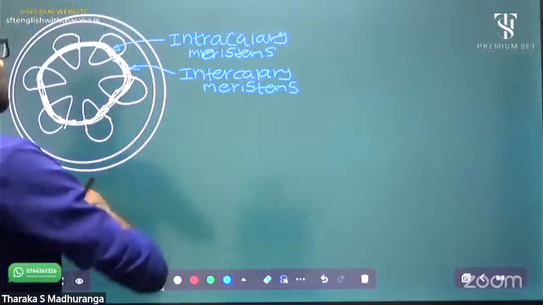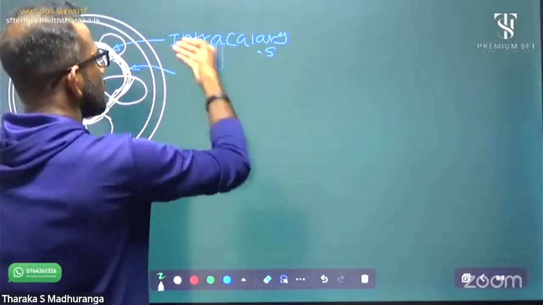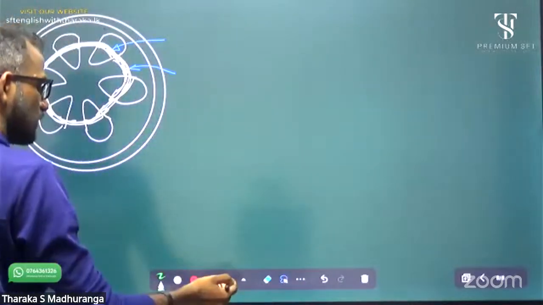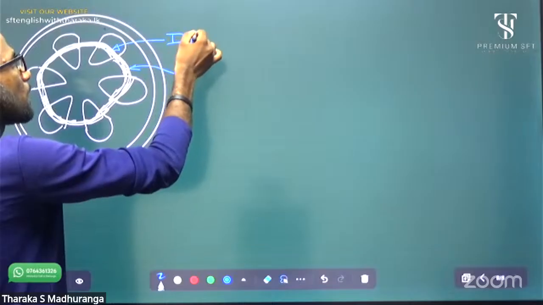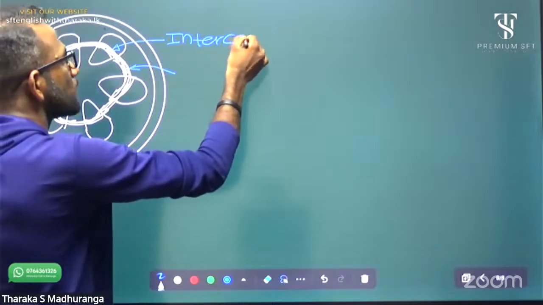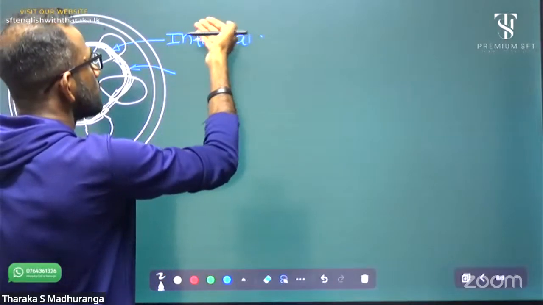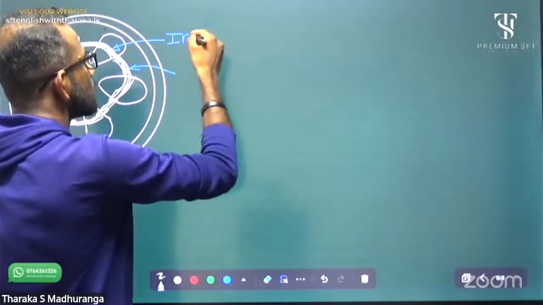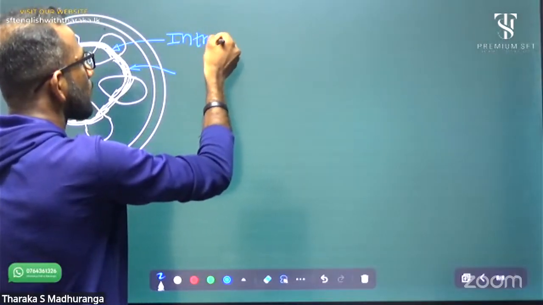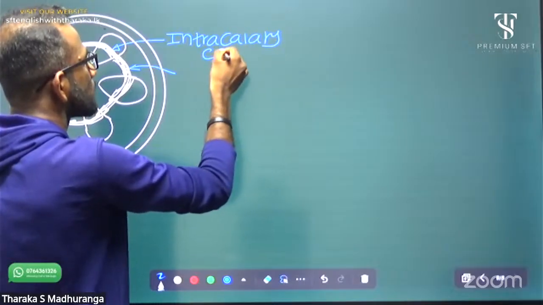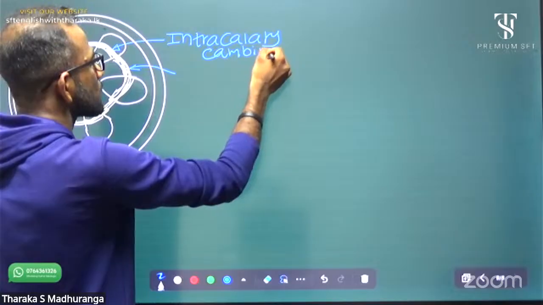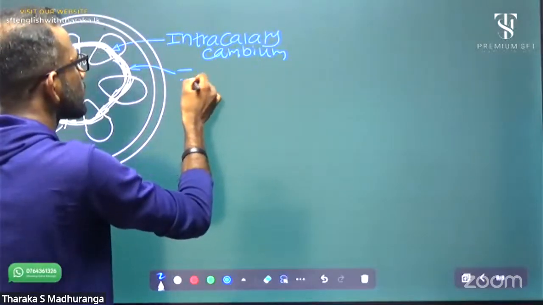Now it is intercalary cambium. Sorry, intracalary cambium. It is intercalary cambium.